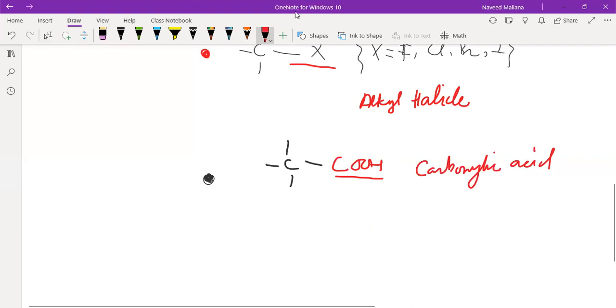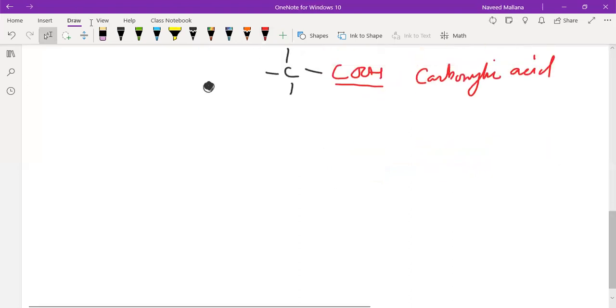One more example that consists of carbon carbon double bond. What is this?